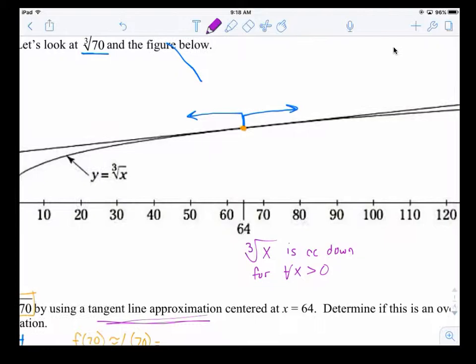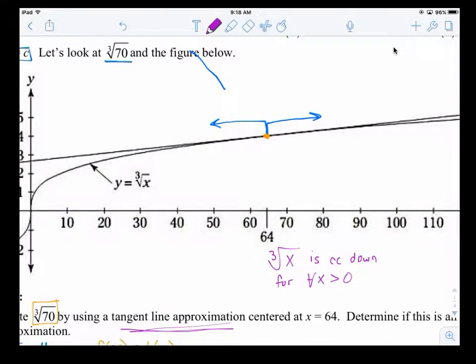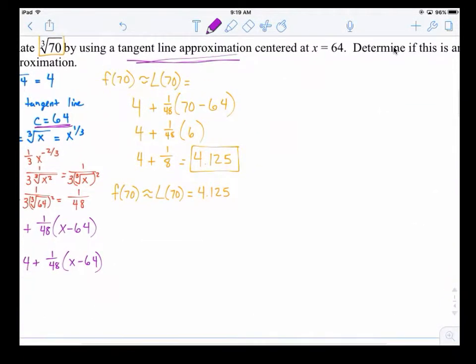Anytime you have a function that is concave down, your tangent lines are always going to be above the function. If the tangent line is above the function, your tangent line value, which we just found, is going to be a little bit higher than the actual value. So it's an over approximation.